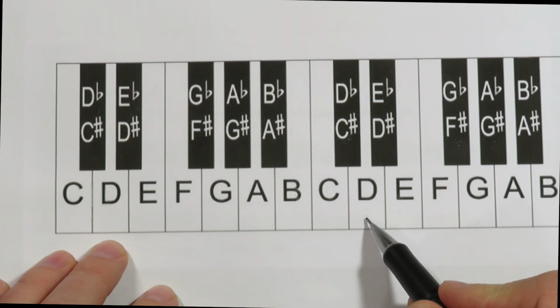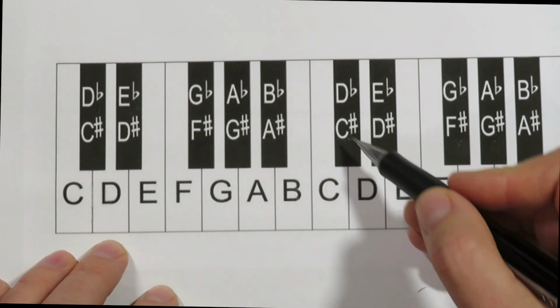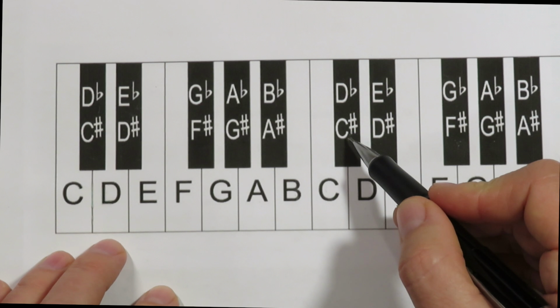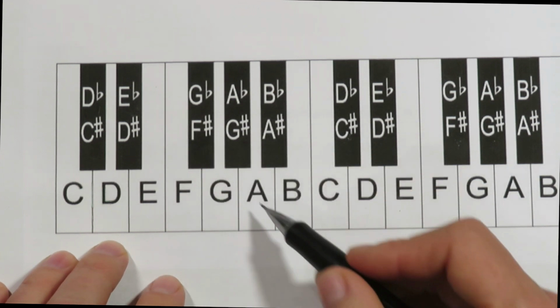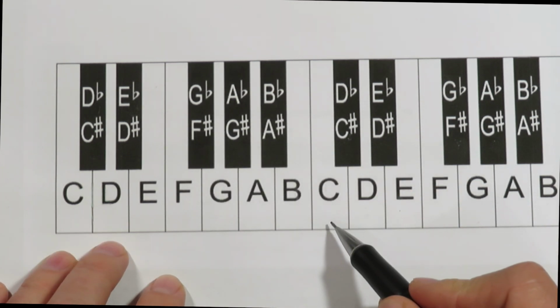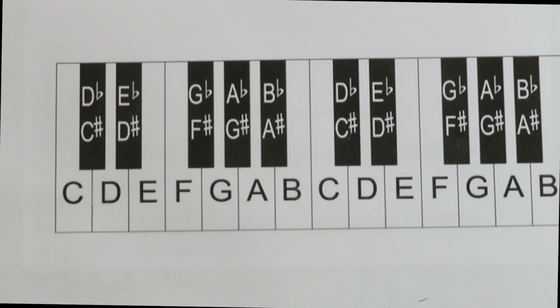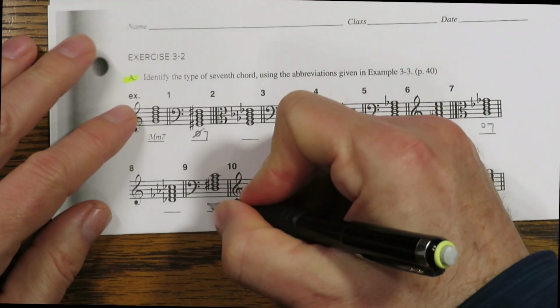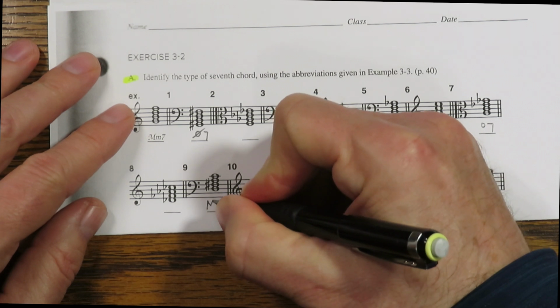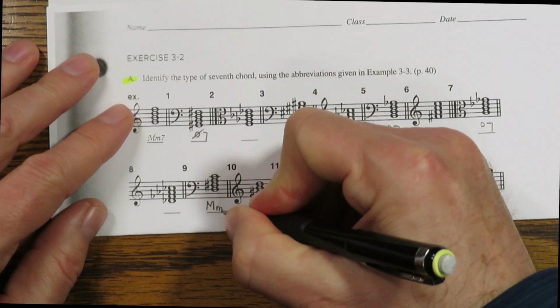Well, here's the octave. Perfect 8th. Major 7th to C sharp, minor 7th to the C. So we have a major triad with a minor 7th, a major minor 7th. So we put a big M, a little m, and a 7th.